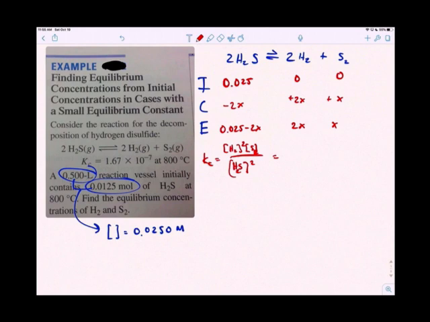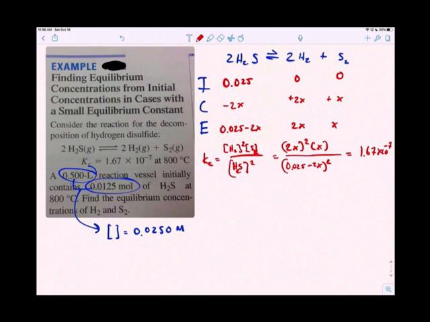This equals 2x squared times x, all over 0.025 minus 2x squared, equals 1.67 times 10 to the minus 7. Okay, so now, oh man, you thought the last problem was hard. Look at this. This is a cubic over quadratic. This looks like a horrible mathematical problem to solve.